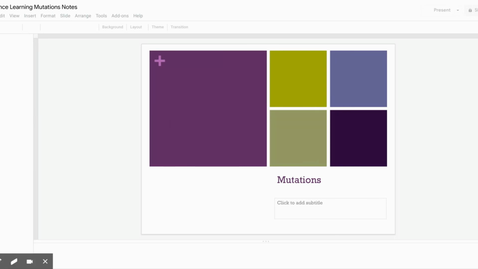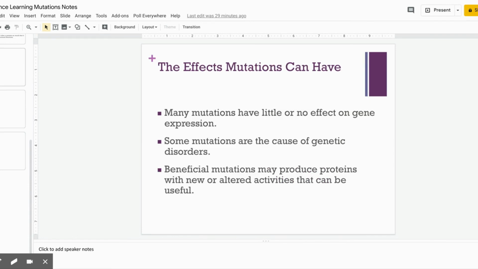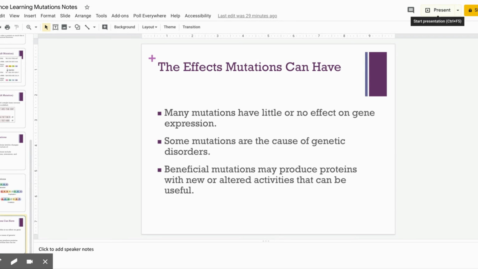So let me go back to that last slide one more time. And we say, okay, sometimes there is little or no effect, and sometimes there's genetic disorders.